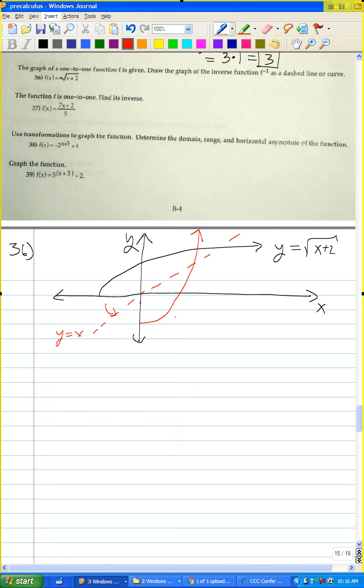So this is the graph of y equal f inverse. It's with respect to this line. So this distance here should be the same as this distance. This distance here should be the same as that distance.